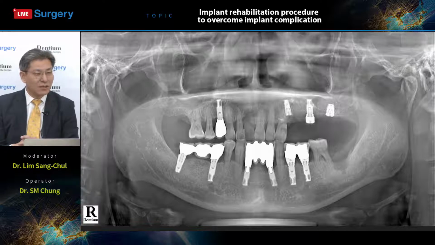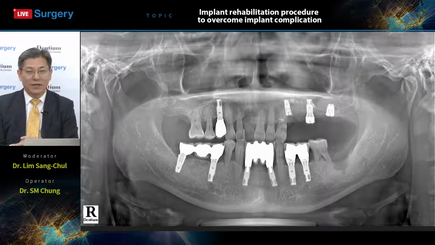As you can see, first, Dr. Zhang tried number 24 area with the NTI tissue level implant installation. He tried first, but it was impossible to get enough insertion torque because tissue level has some disadvantages in this kind of big defect area.